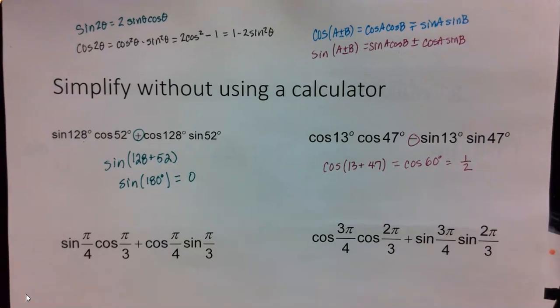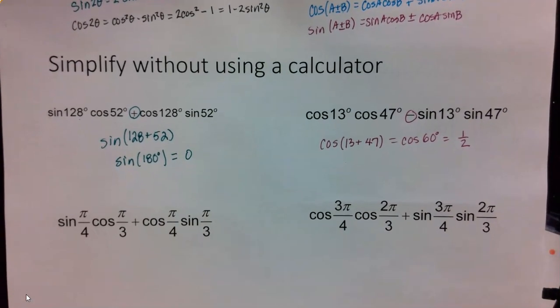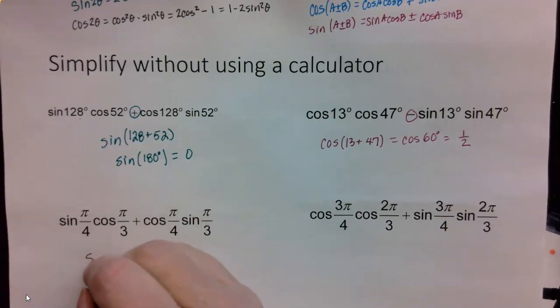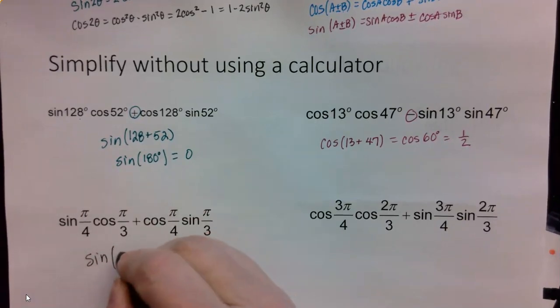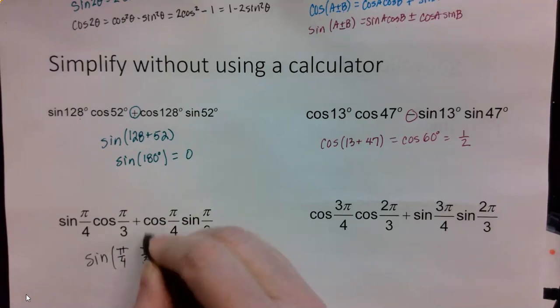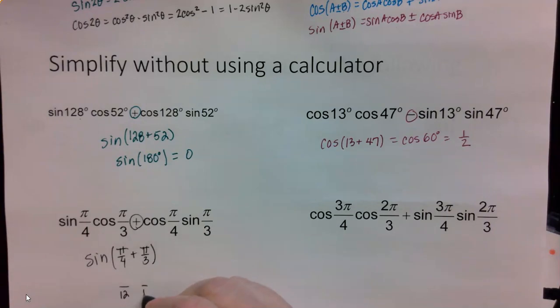Then down here, we're in radians, so we'll do that in black because it's dark and scary. But it's sine cosine, so again, we know this is going to be a sine, and it's pi over 4 and pi over 3, and since this is plus, when I add those together, I have a common denominator of 12.